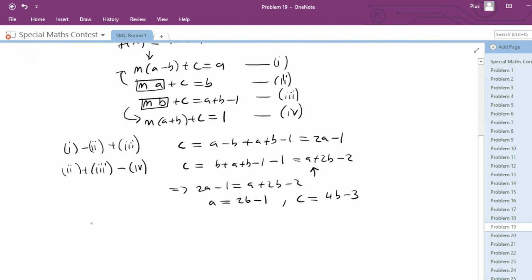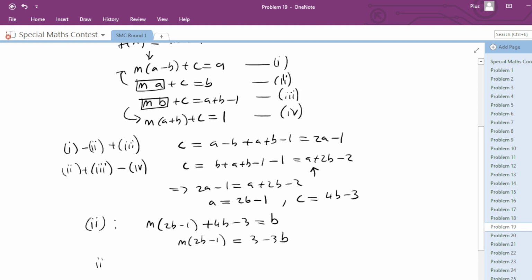Let's just work with equation 2 and equation 3. Equation 2 will become ma plus 4b minus 3 is equal to b, where a will be 2b minus 1. So that's m into 2b minus 1 will be equal to 3 minus 3b.